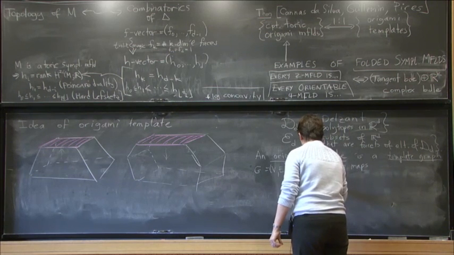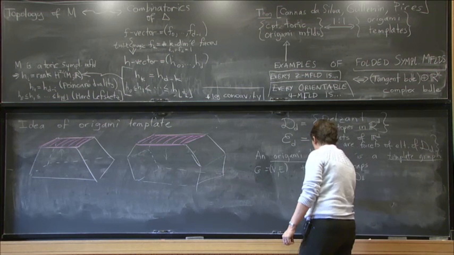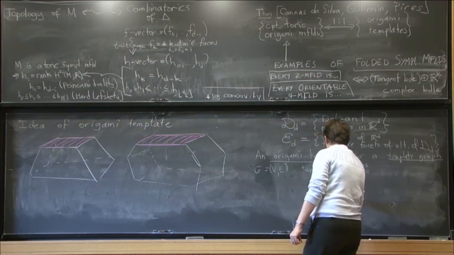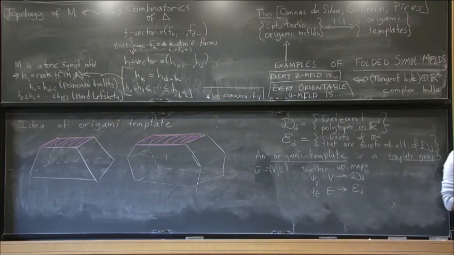For each vertex, I have a Delzant polytope, and for each edge, I have a facet, and these have to satisfy some conditions.